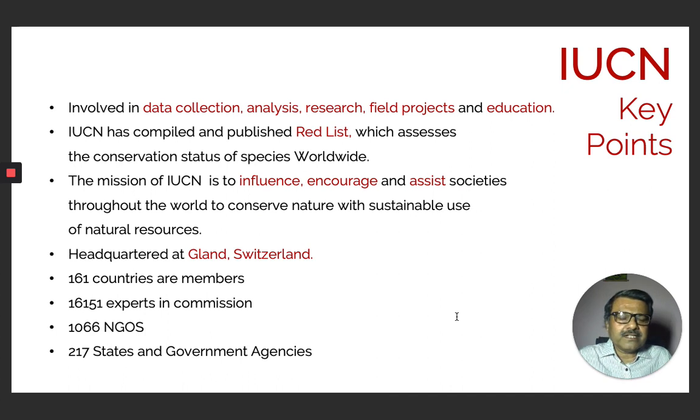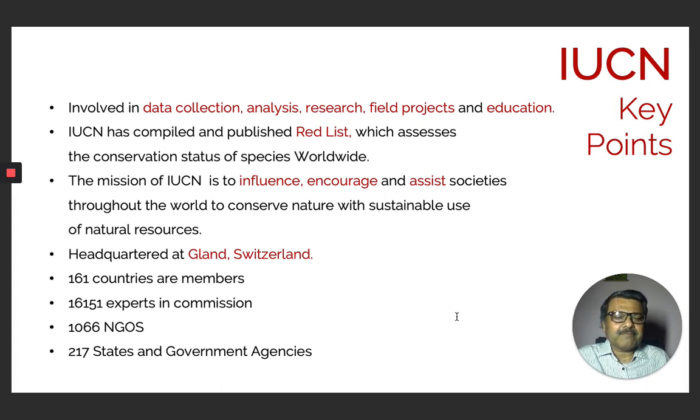If you see the key points of IUCN, you will see what IUCN actually does. It does data collection, analysis, research, field projects and education. These are the ways by which IUCN normally collects its information. IUCN compiles all its information into a list which we call the Red List.